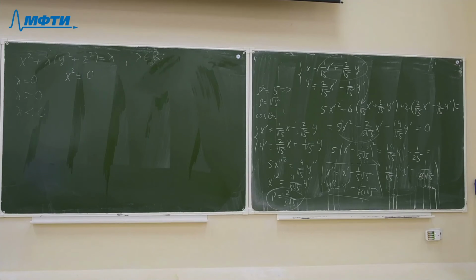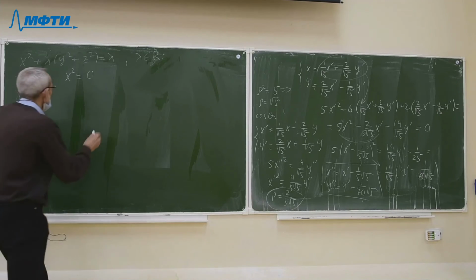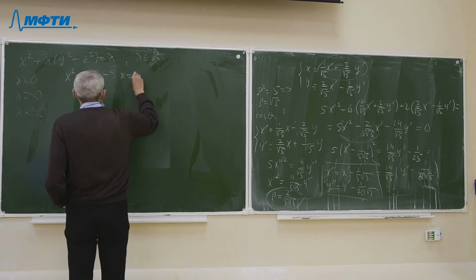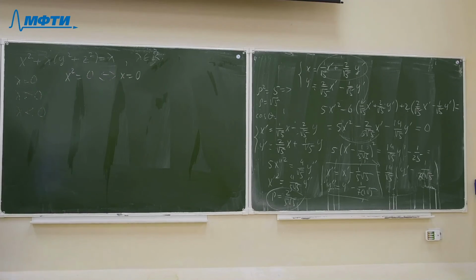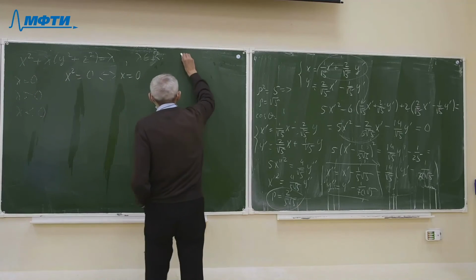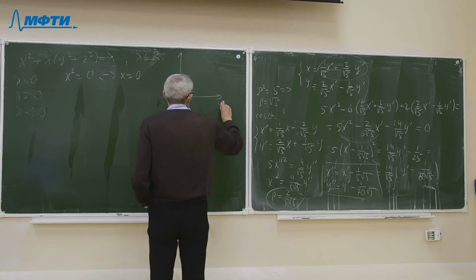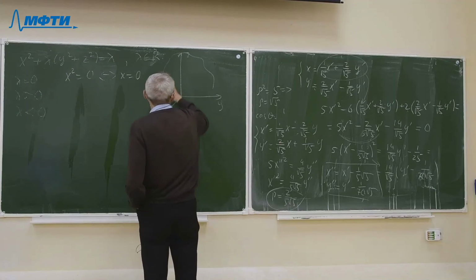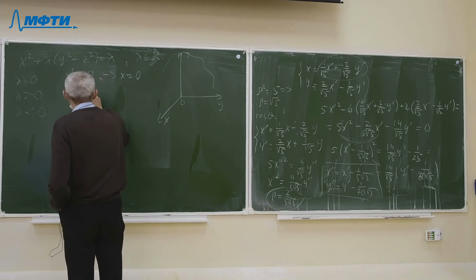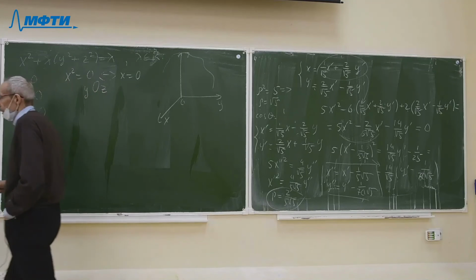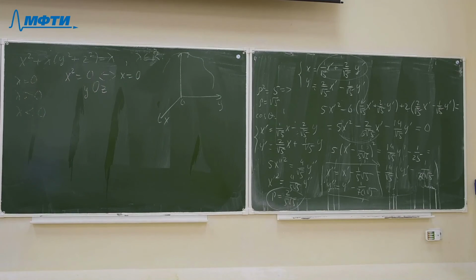X squared equals 0 is equivalent to x equals 0. What does it mean? Easy to see that we obtain the coordinate plane, this coordinate plane y, o, z.